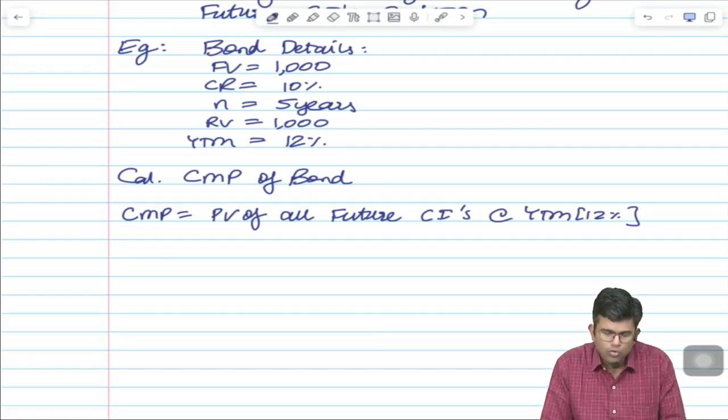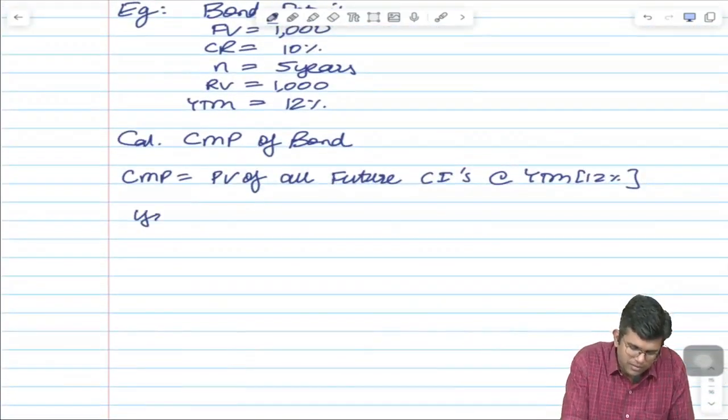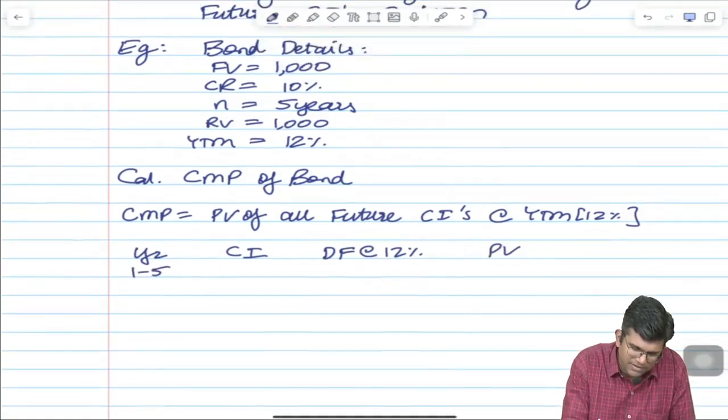Now I'll write here: cash inflow, discounting factor at the rate 12%, present value. For 5 years, 1000 into 10%, 100 rupees coupon you will get. In the 5th year, 1000 rupees redemption value.